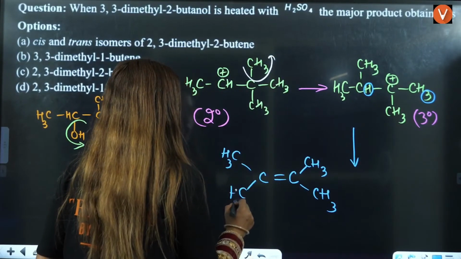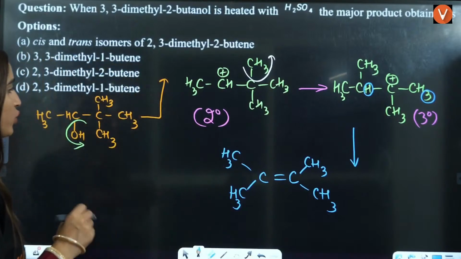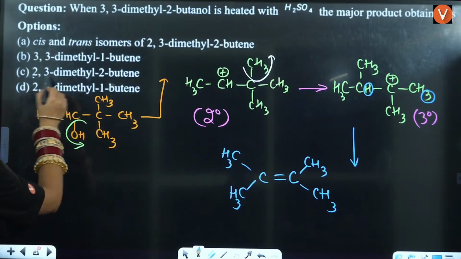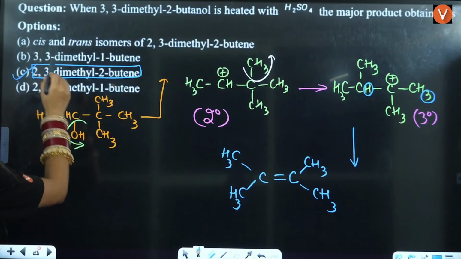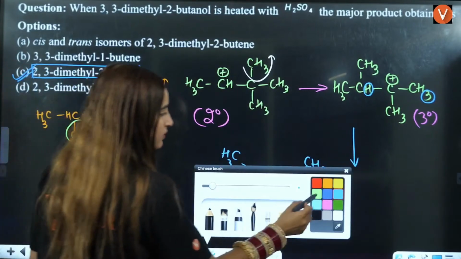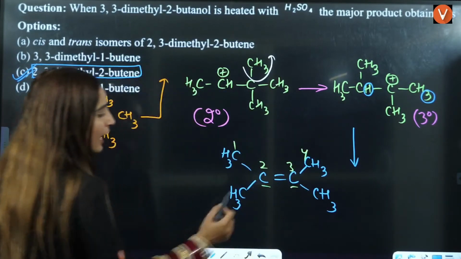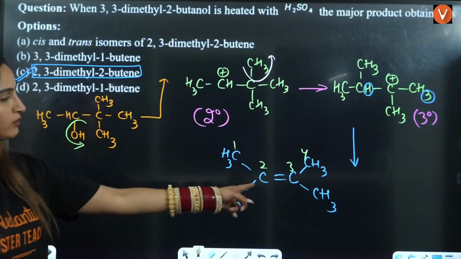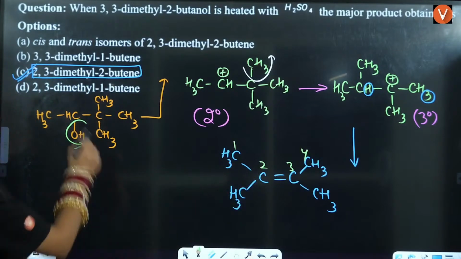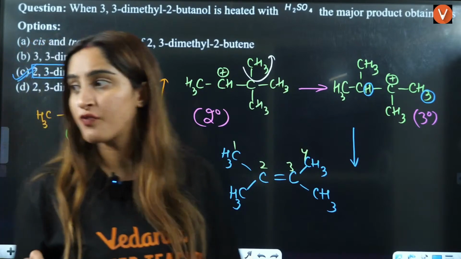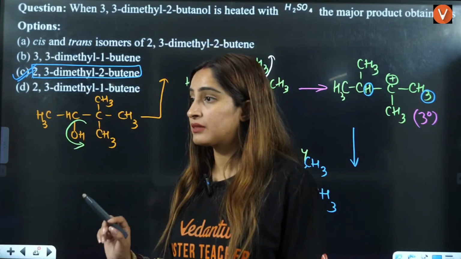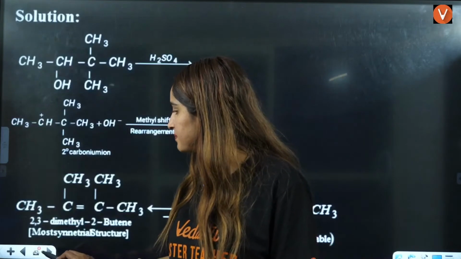So what is formed? 2,3-dimethyl-2-butene is formed. Okay, so you want to name this 1, 2, 3, 4. On the second position, you have butene. 2,3-dimethyl-2-butene is formed. That is C, the correct answer. Okay.